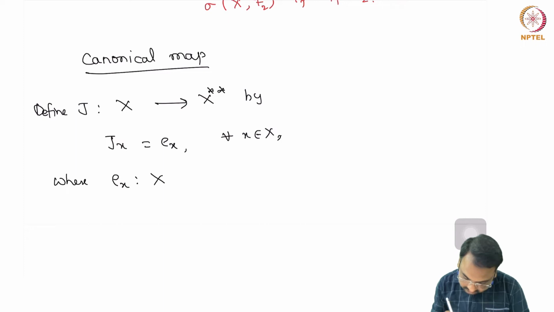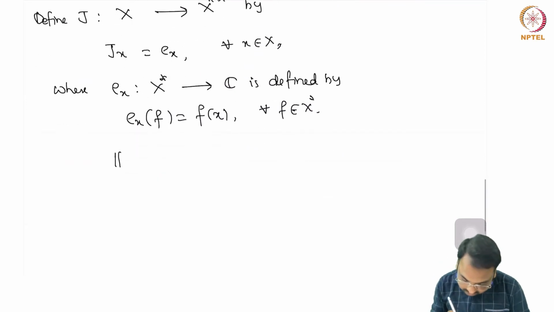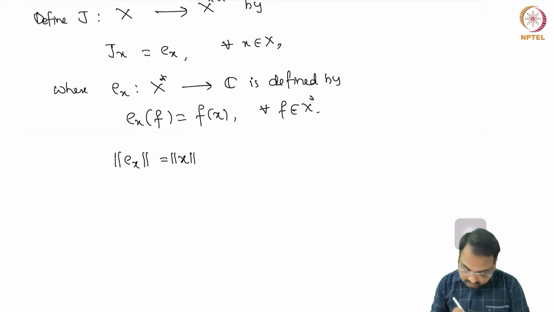Ex is a functional on X star defined by Ex at any functional f is f of x for every f in X star. Earlier we have shown that norm Ex is exactly norm x, as a consequence of the Hahn-Banach theorem.